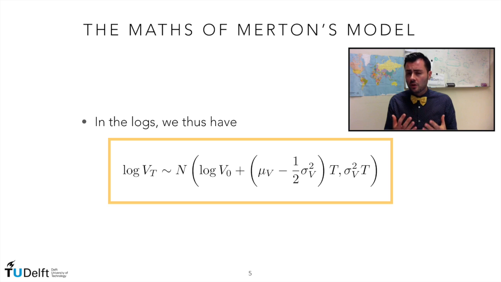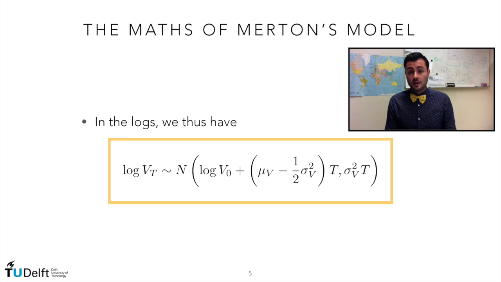Now, how can we use this information to compute the probability of default of our counterparty? The probability of default of our counterparty is the probability of the event VT being smaller than or equal to B, the liability level. We can then exploit the relationship between the logarithm of Vt and Vt. We know that the logarithm of Vt follows a normal distribution.